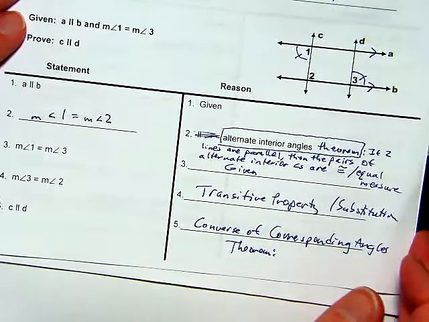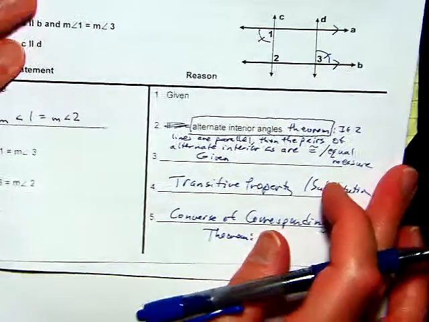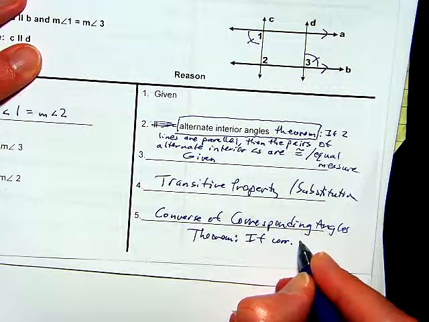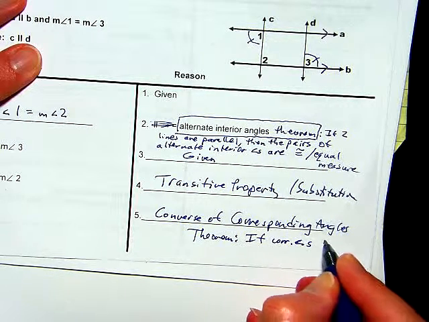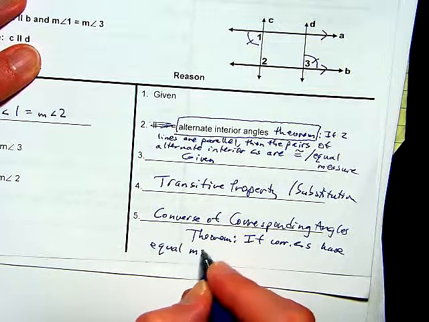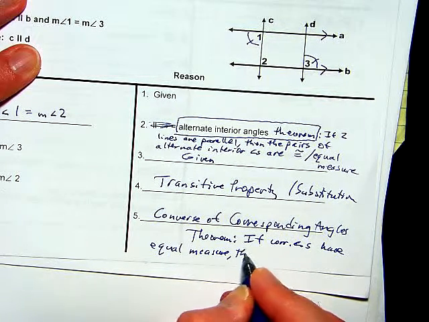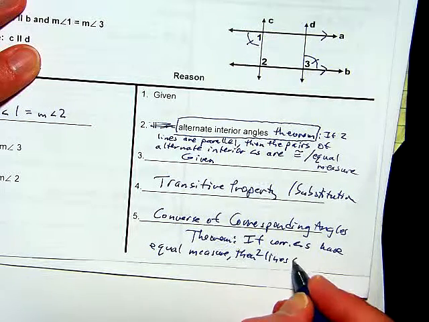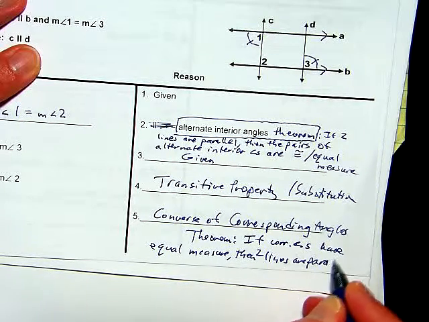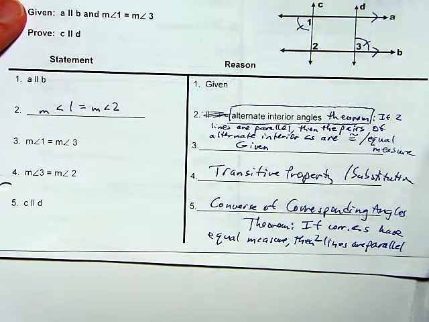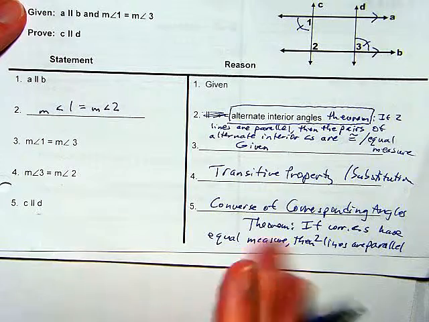And that would be the statement that if corresponding angles have equal measure, then the two lines are parallel. Okay, and that allows us to conclude that C is parallel to D.